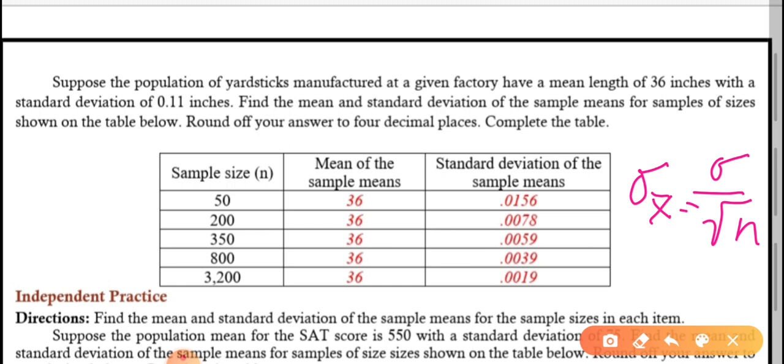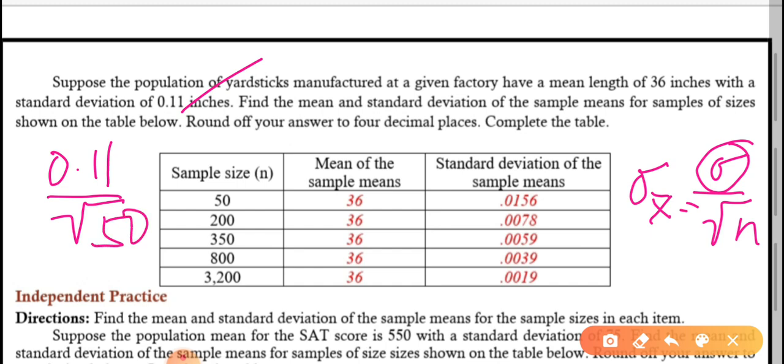So just replace this by your given, which is 0.11. For instance, let's do number 1: 0.11 divided by the square root of n, which is 50.